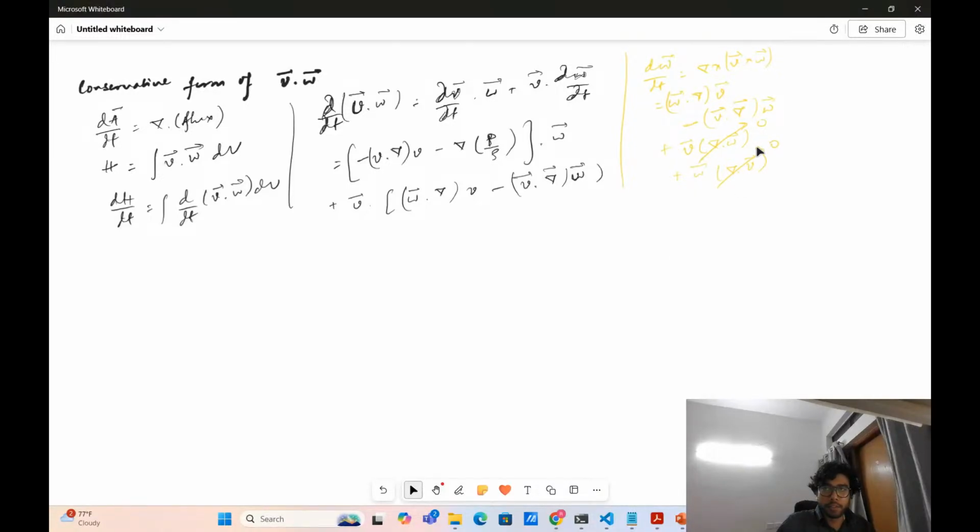So that's why these two terms become zero, and this will reduce down to this. There should be one minus sign somewhere. I don't remember the identity, but one of these will be minus. You can check it later on, but anyway, these terms will become zero.